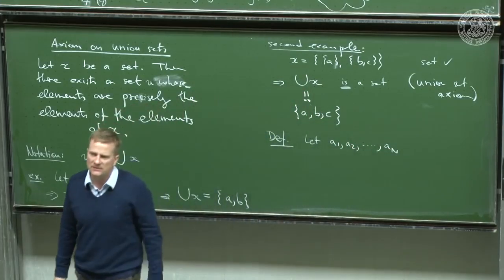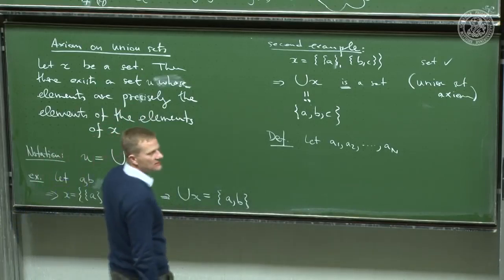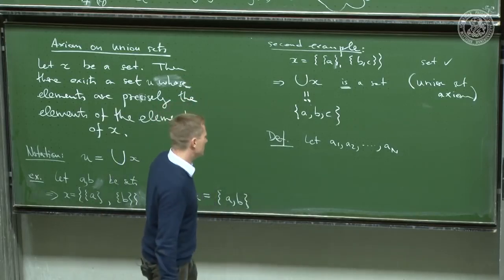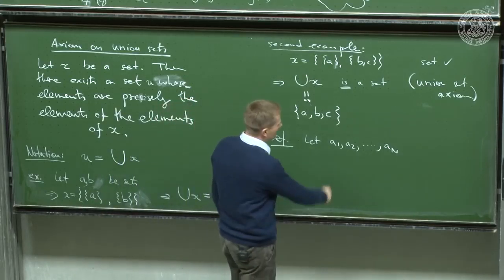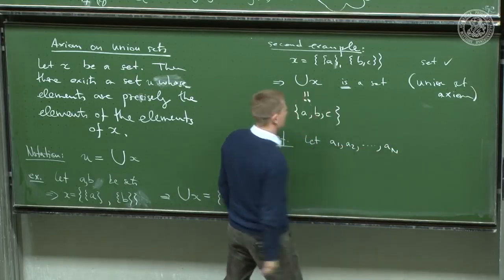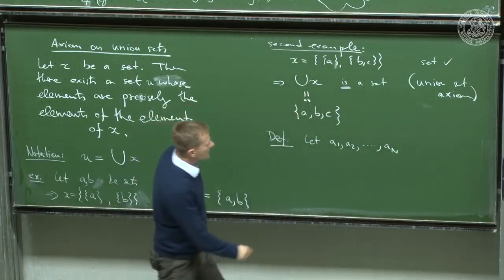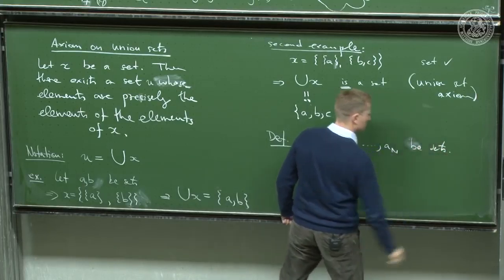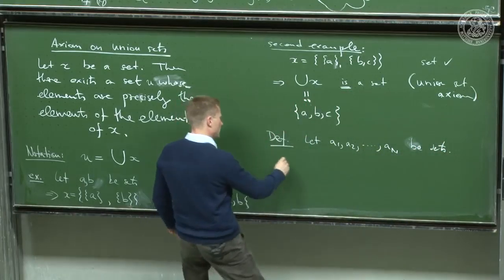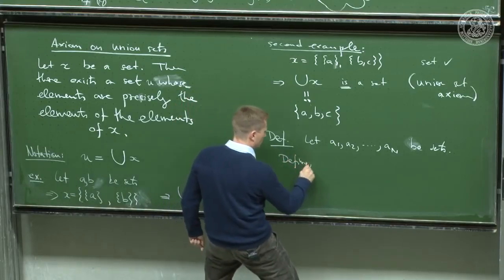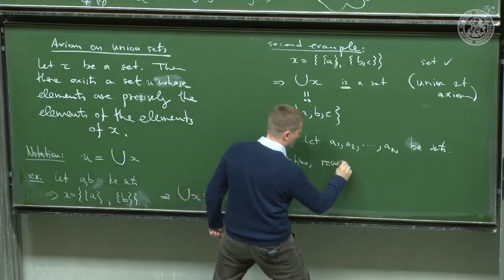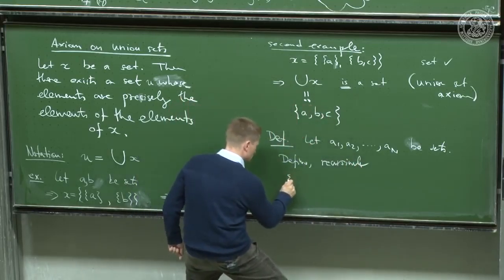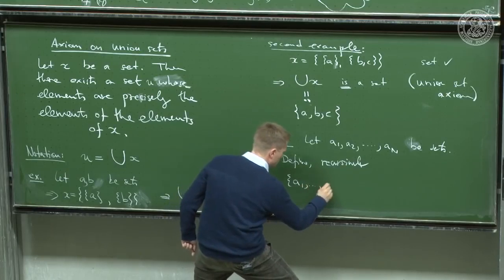Again, what are these numbers? They're again the Bavarian beer counting numbers, 1 stroke, 2 strokes, 3 strokes. They're meta-mathematical numbering, if you want. I could call them A, B, C, D, and I could do this for all instances. Let A1 to AN be sets and then define recursively the symbol A1 to AN.